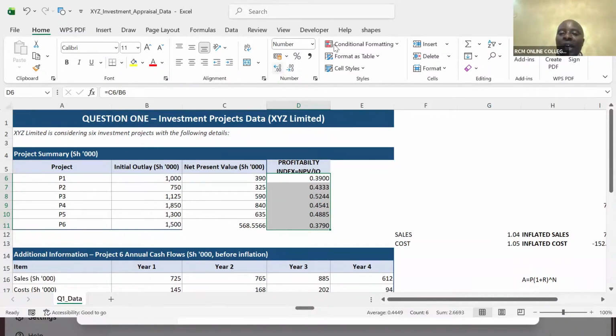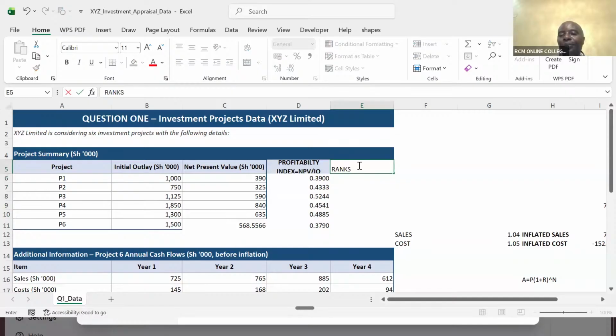Once you have done that, create a column where you capture the ranks. And don't forget, ladies and gentlemen, that we have some mutually exclusive projects. It is projects 2 and 4. The two are mutually exclusive.